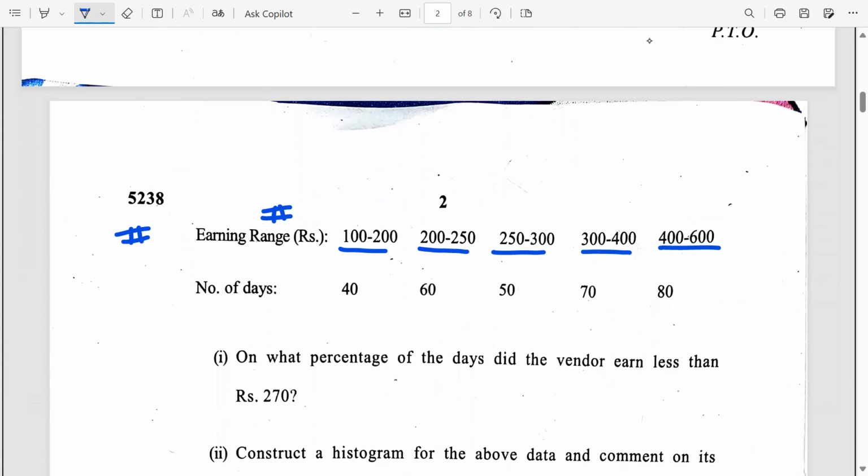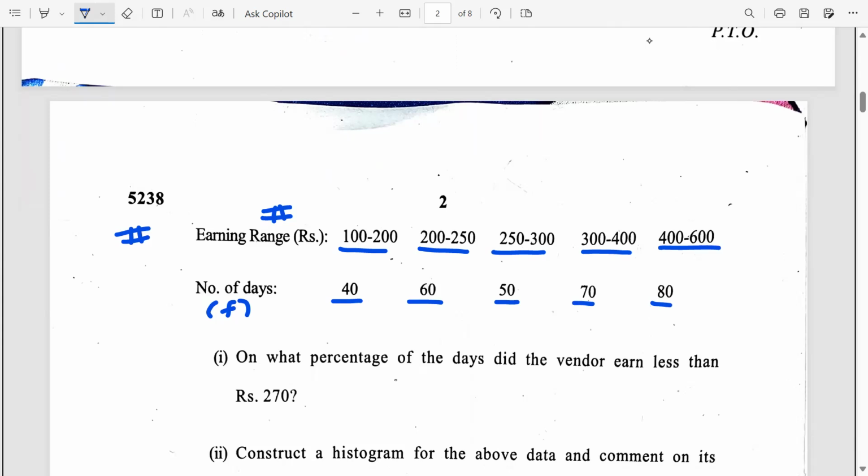The class magnitudes are different. Okay, so it's a frequency distribution with class intervals which don't have the same magnitude. Number of days, which are the frequencies, are given to us. So 40, 60, 50, 70, 80.